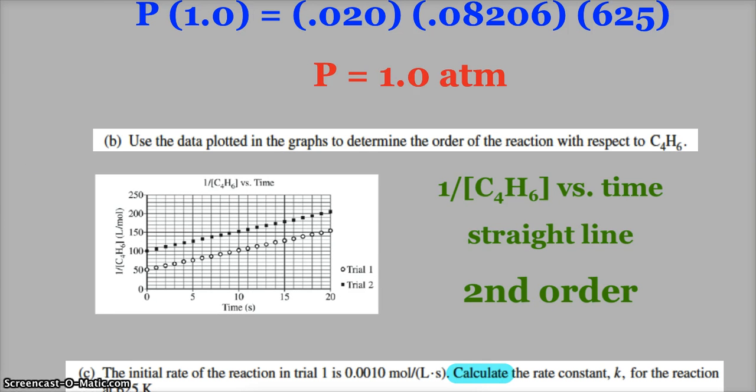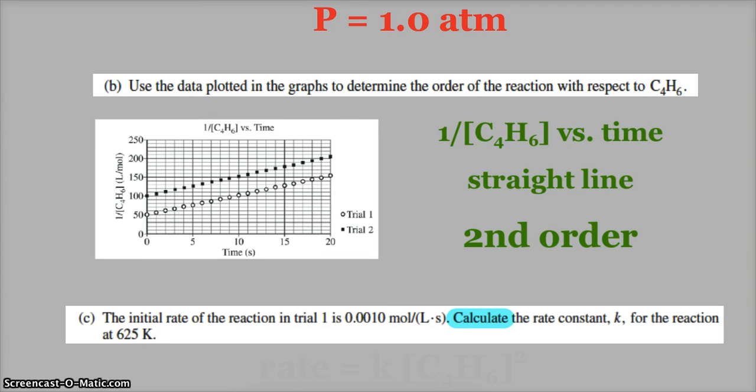So 1 over the concentration versus time gave me my straight line. So that's how I determine my second order. Don't use the balanced equation. I was just showing it to you to say, well, it makes kind of sense. But when it says use the data plotted in the graphs, that's how I know it's second order.